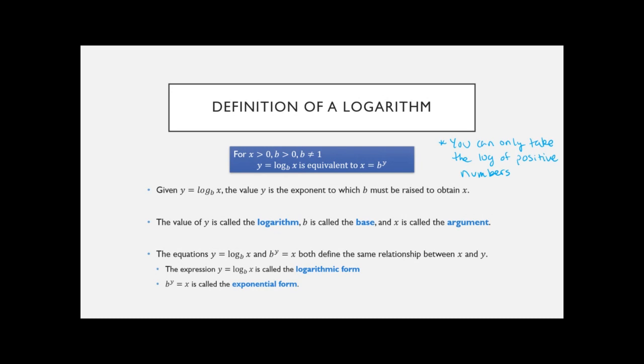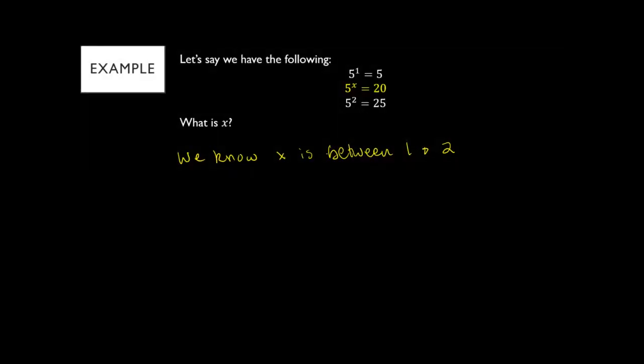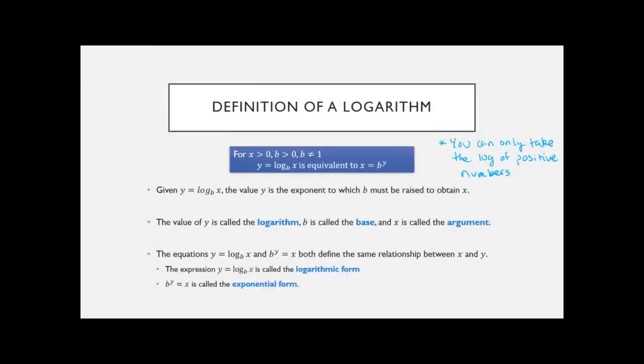So basically, we've taken an exponential equation, x equals b to the y, and we can rewrite it in another form where y is the exponent, and taking the log gives you the exponent. We call this the logarithm.